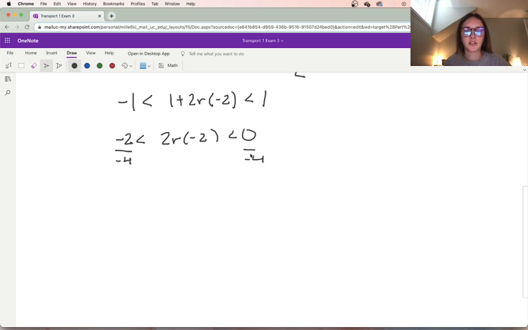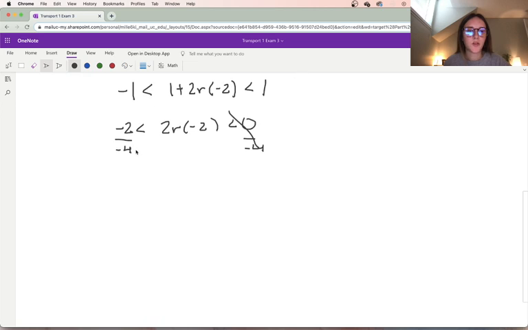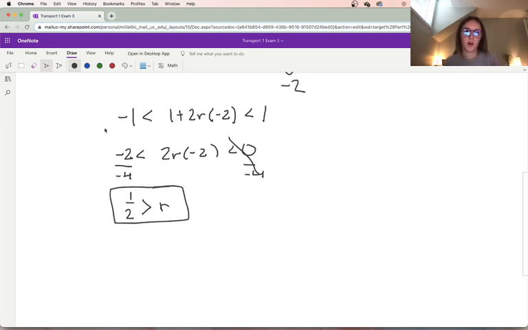This is going to just be 0 again. We don't really need to worry about this, but when we divide by a negative, it will flip this sign, so this is going to be this way, and this is going to be a positive 1/2, and this is going to be R. So for stability, R has to be less than 1/2.